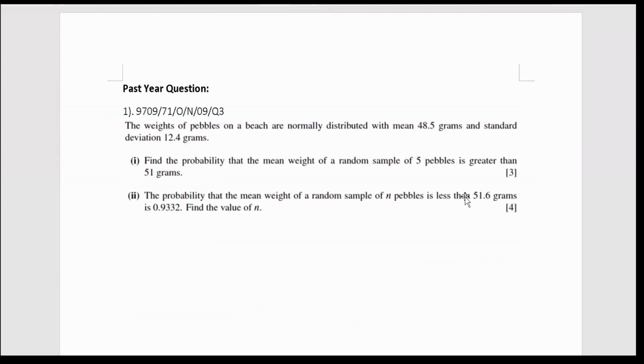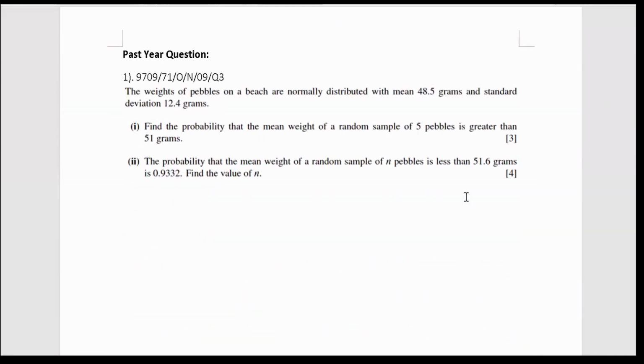Now we are going to look at a past year question as an example, to find the probability of the mean weight, the mean of the sample. This question is from 9709 Statistics, October/November 2009, question 3.